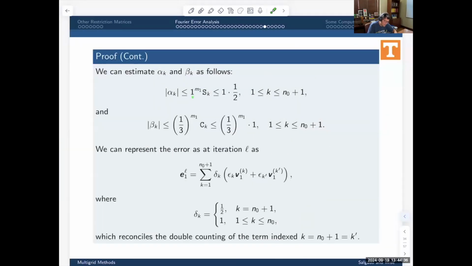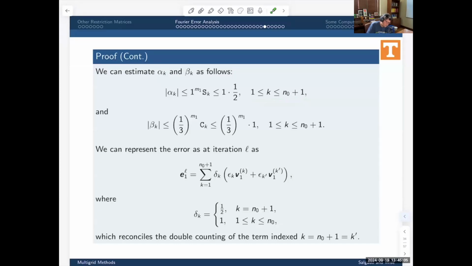Well, that's less than 1 to the m1 power, which is just 1. So there's not much I can do with this. What can I say about sk for those low frequency modes? Well, I can prove that it's less than a half. To be honest, I am using something a little bit more than saying that these are less than 1; I'm going to use that they're less than a half. So that's my approximation for the low frequency end of the spectrum.